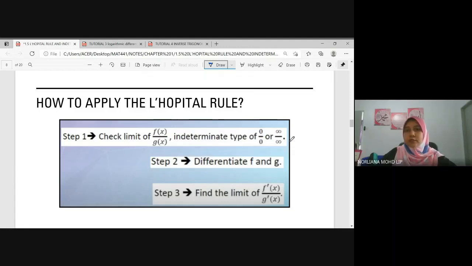Step 2: we differentiate f and g separately. Then step 3: find the limit of f prime of x over g prime of x.